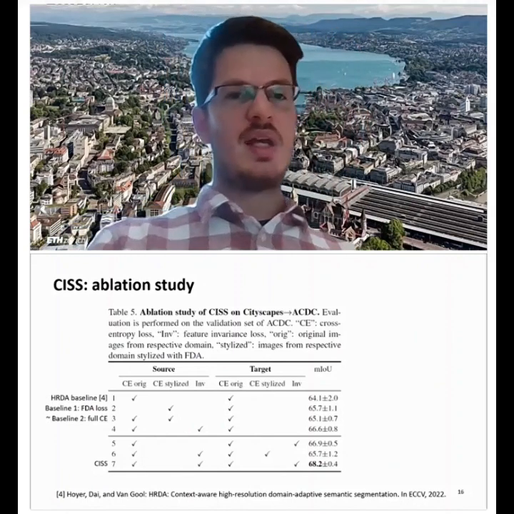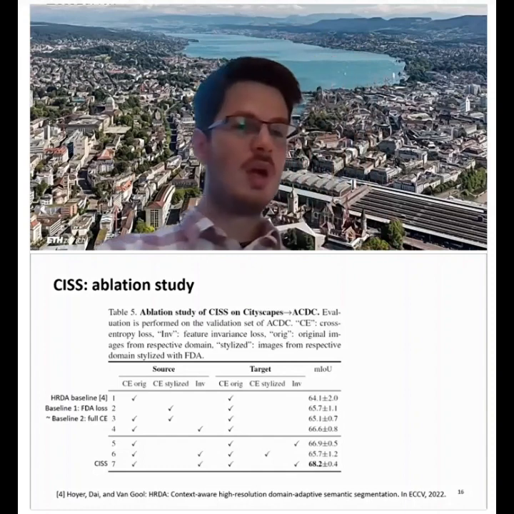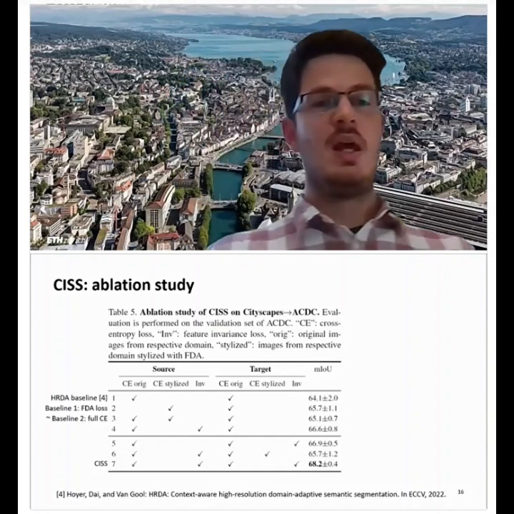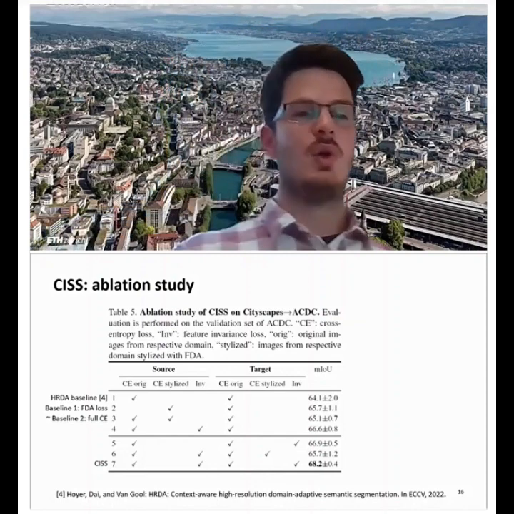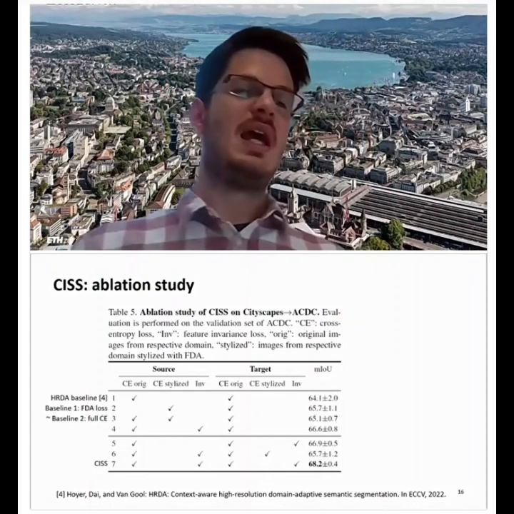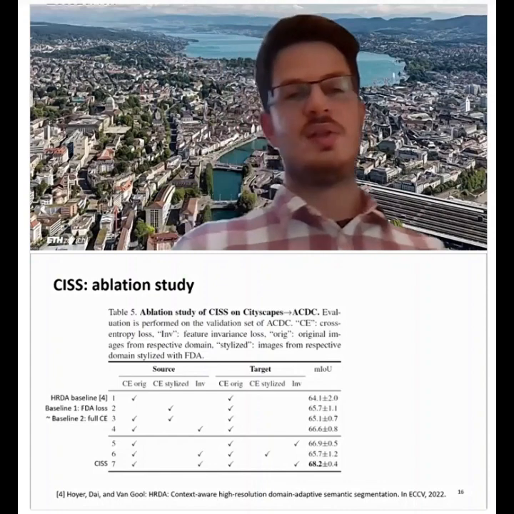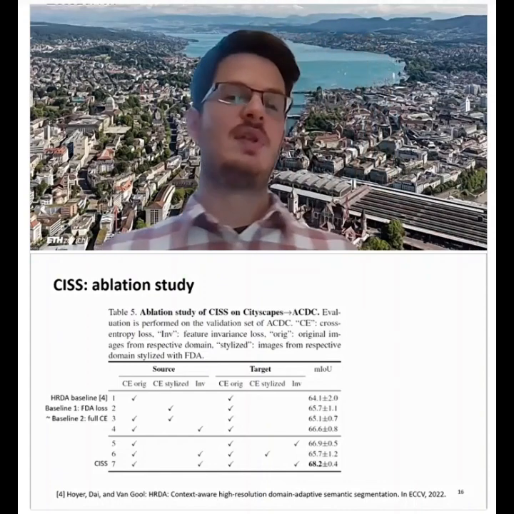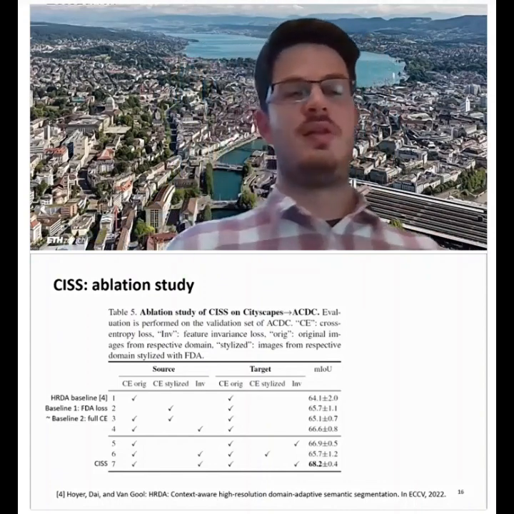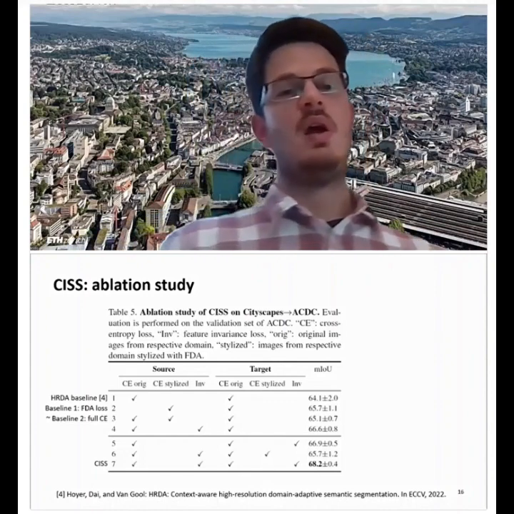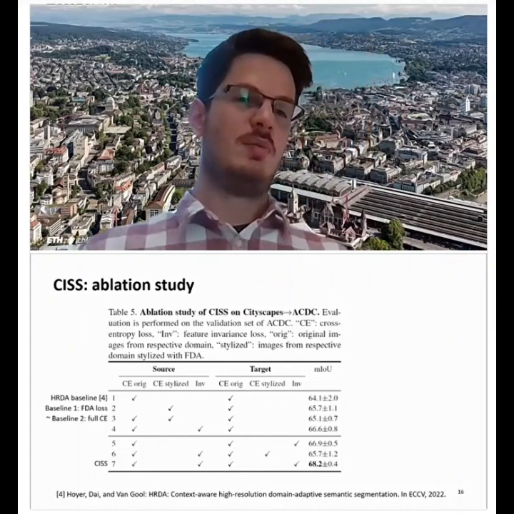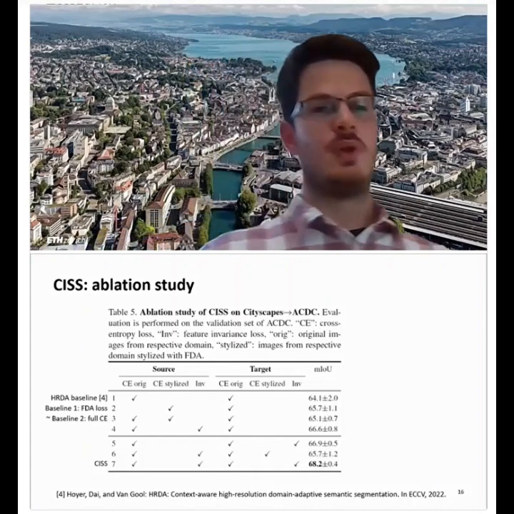So this is the ablation study that I promised before, where we see that we can actually perform much better than the different baselines. The baseline for the FDA type of loss is the second line, which already gives an improvement over the basic baseline, which just uses the cross entropy on the original images, so no stylization involved.